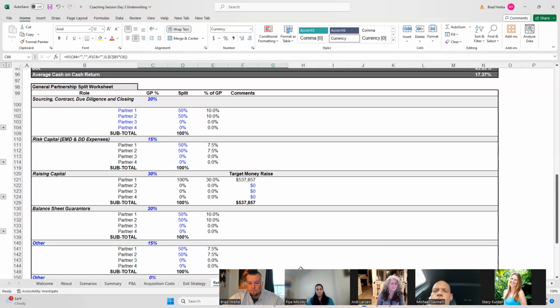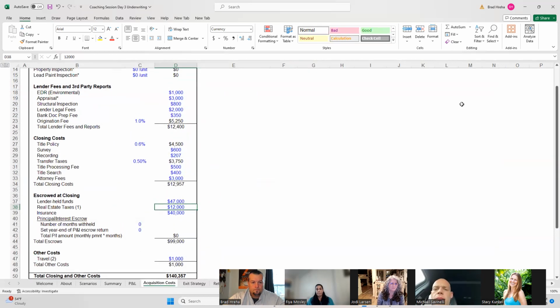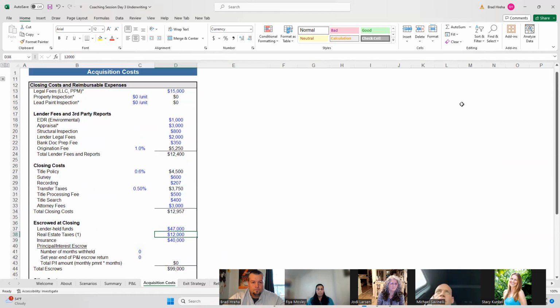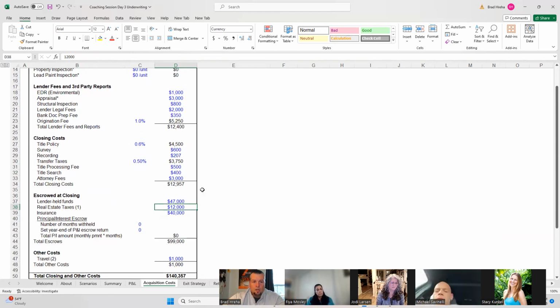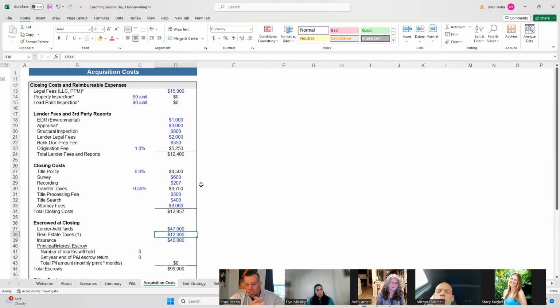Can you go back to the acquisition costs really quick? Okay. So all of these numbers that are in there, you can change them based on your market or what they're going to cost. Generally, they're pretty close. But again, right now we're in assumptions mode, right?